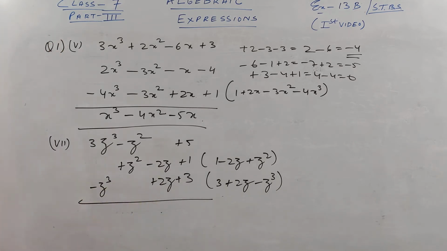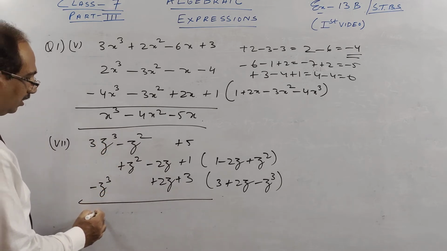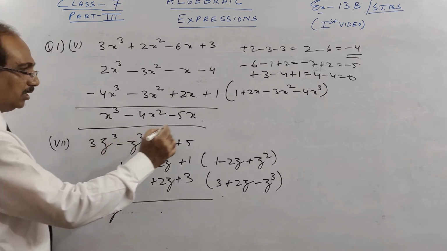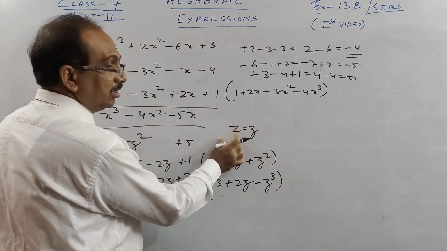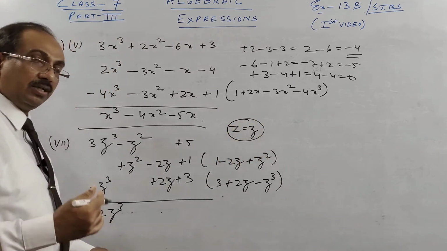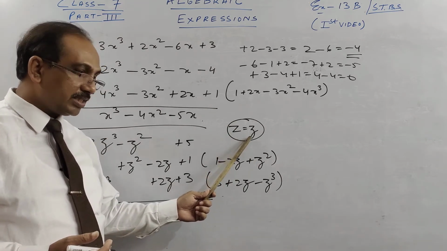Okay. So here we add plus 3 minus Z is 2Z cube. So remember, Z is written like this. But when I write like this, many children write this like 2. So whenever I do these sums, I make this Z look like a small z.